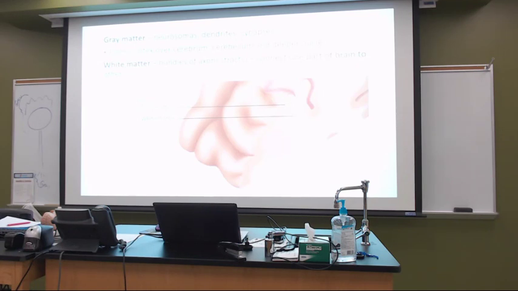Because a nerve cell is going to synapse onto another nerve cell, muscle, or gland. So if I've got my dendrites, nerve cell body, axon, terminal ends.